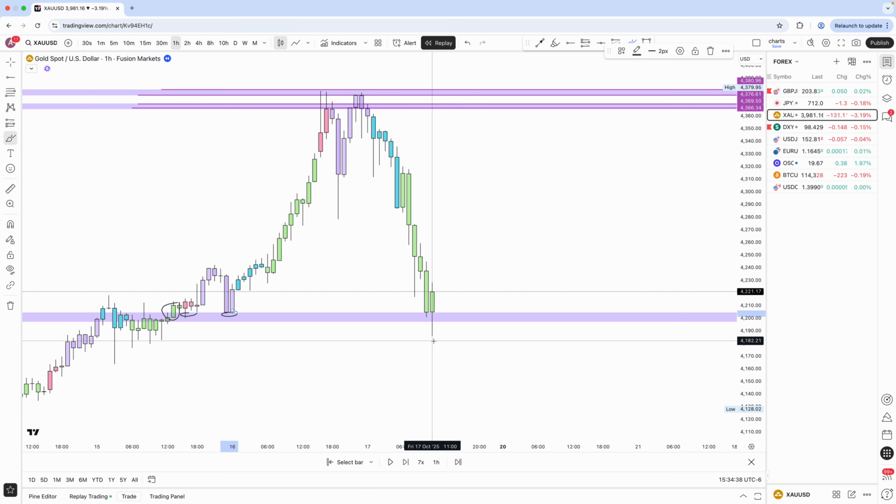So we got manipulation here, tricking sellers to come into the market even though we're in a massive rejection area going up. So basically this is going to reject from there and continue to go back up.